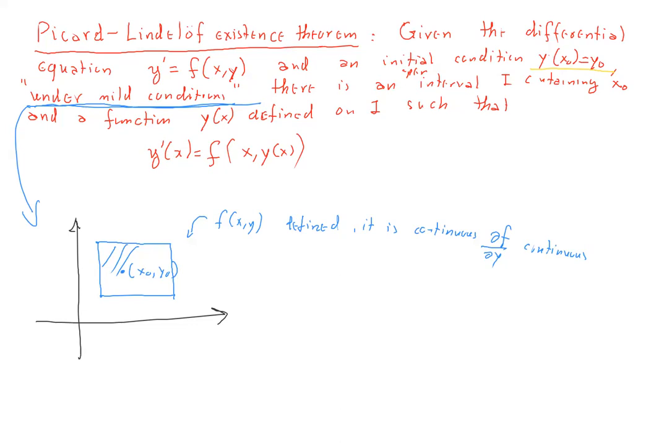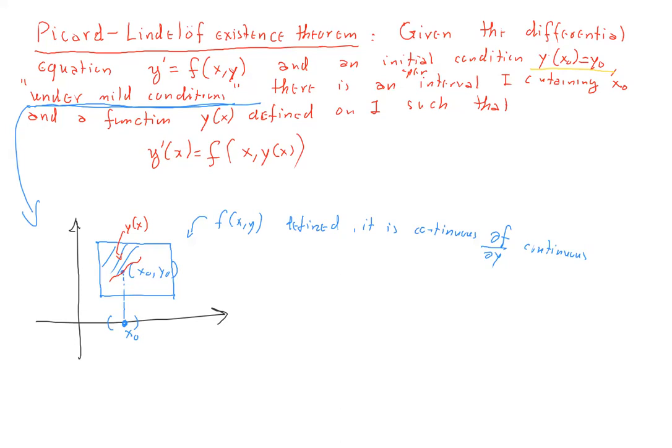Basically, when those conditions are satisfied, what we're saying is that around the point at which the initial value problem is centered, which is the point x naught, you can find a small interval and the function, so this will be the function y of x, the supposed solution of the problem that goes through that point.